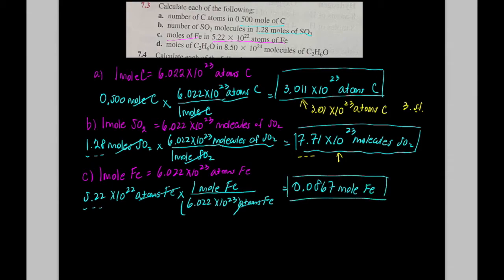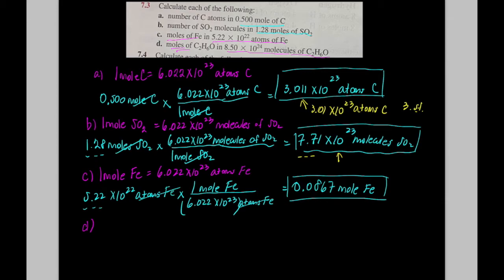Okay, so let's look at problem D. We're given this gazillion molecules of this formula C2H6O, and we're asked to calculate moles. So once again, you carefully write down your equivalency.